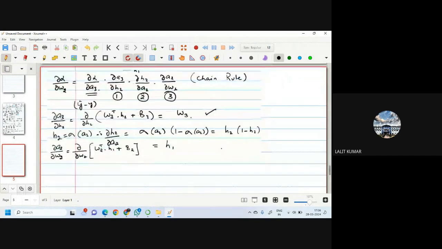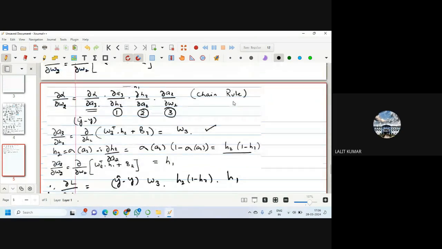Therefore, del L by del W2 will become y hat minus y, W3, and this part which is there, H2, 1 minus H2 and H1. This we have got.